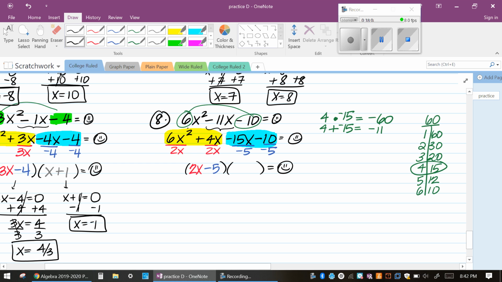And the remainder of the divisions, so 6x squared divided by 2x is 3x. 4x divided by 2x is 2. So the remainders go in the other binomial. And then I'm going to set each one equal to 0 and solve.